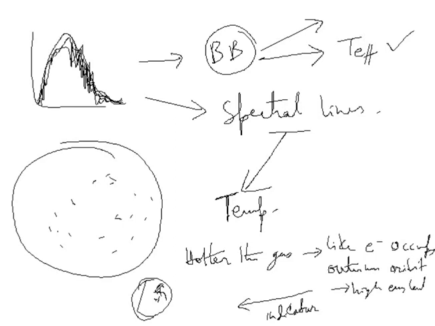So in a way, the absorption lines in a spectrum give us information about the temperature of the region where the lines originate.